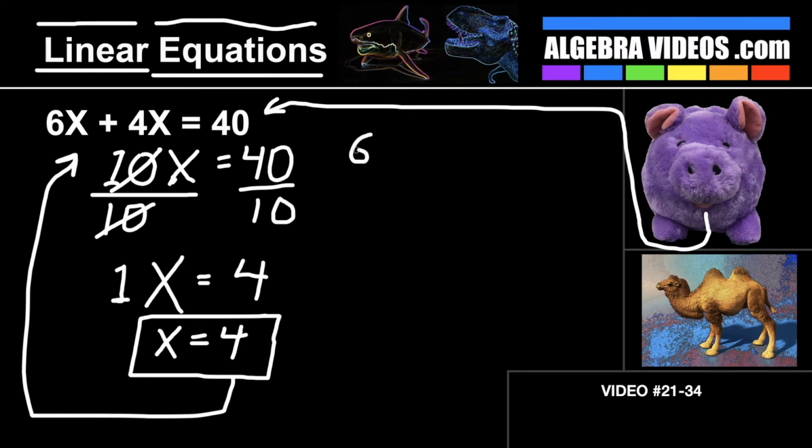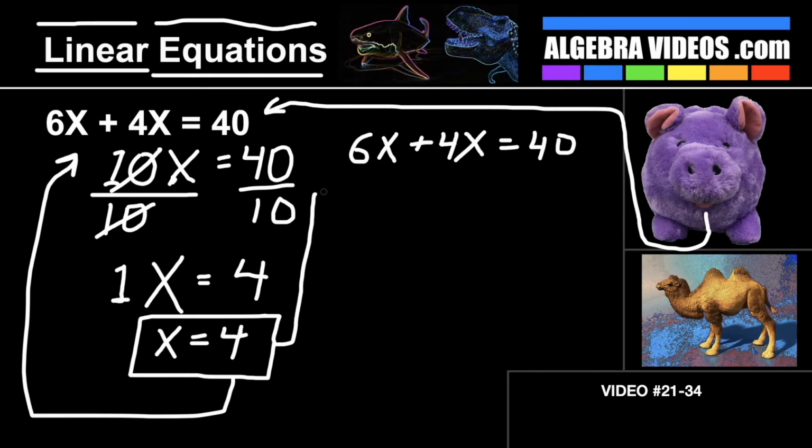I'm going to rewrite it as 6x plus 4x equals 40. And now I'll just plug in, or substitute, however you want to say it. I'll stick in a 4 wherever there's an x.